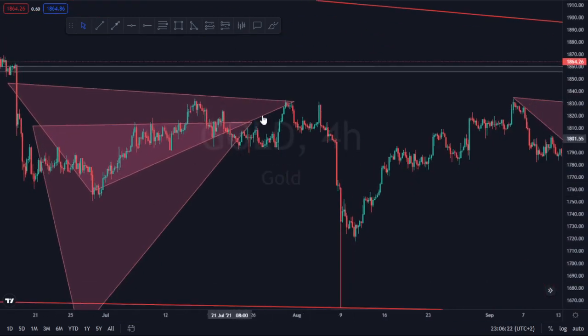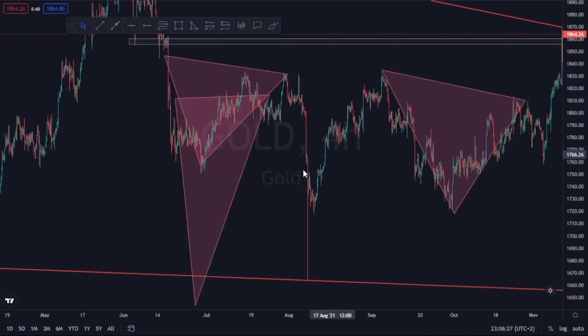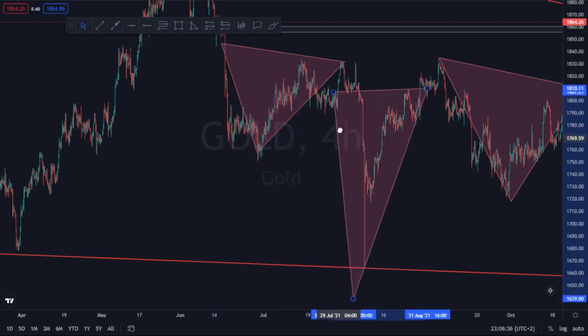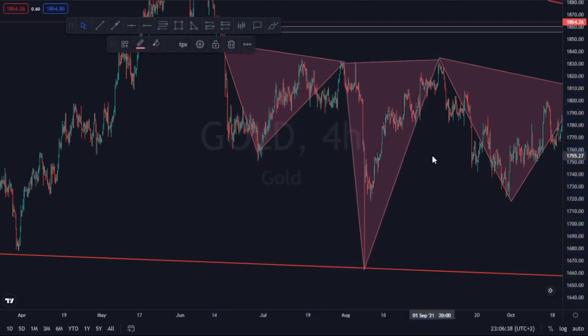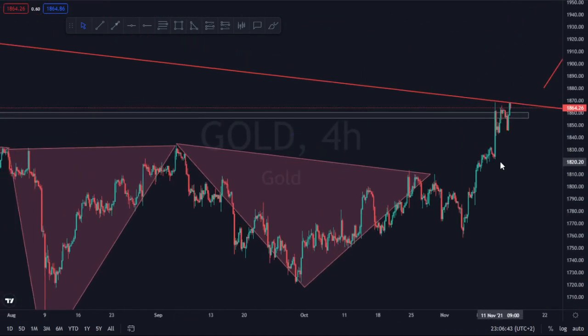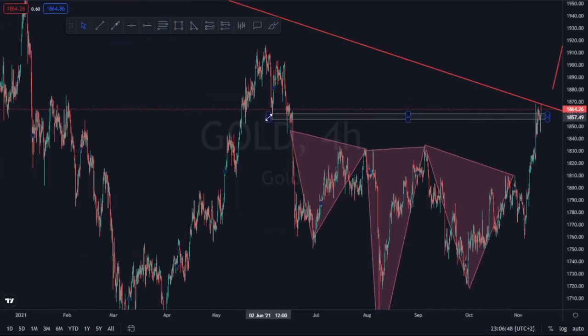What do I do now? Sorry about this, guys, it's moving away from me. Okay, no. This zone, let me remove this zone here.